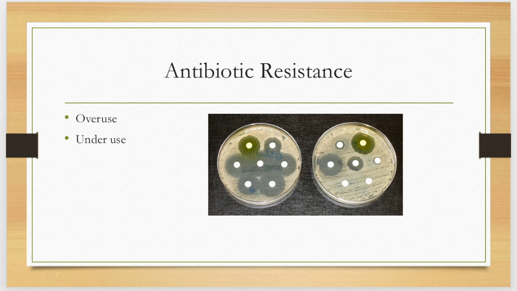Some patients will go to their doctor with a virus and expect to get antibiotics because in the past antibiotics made them feel better with whatever infection they had before. So you can get overuse because you're presenting with bacterial symptoms or because there's patient pressure on the provider to prescribe antibiotics.